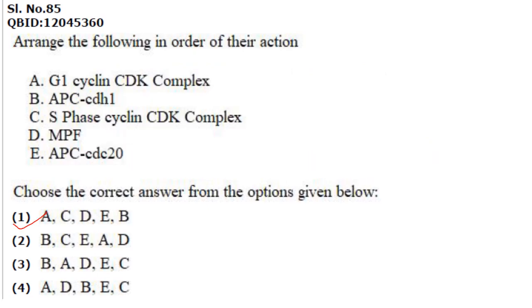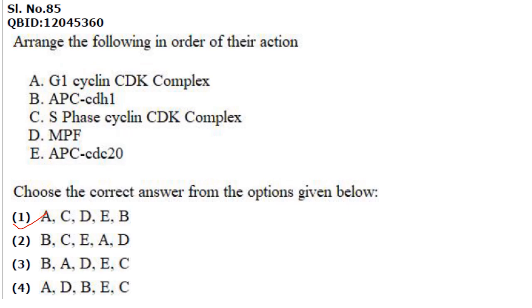Then next one, arrange the following in order of their action. So G1 cyclin CDK complex, this is in the case of your cell division. APC-CDH1, S-phase cyclin CDK complex, MPF, APC-CDC20. So the first one will be G1 cyclin CDK complex, A. Then comes S-phase cyclin CDK complex.